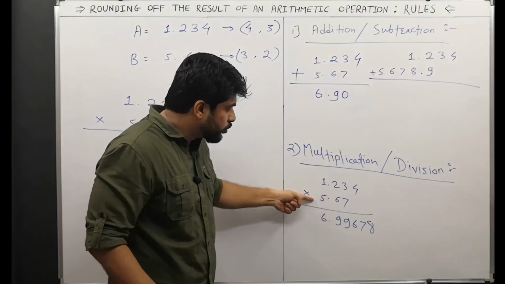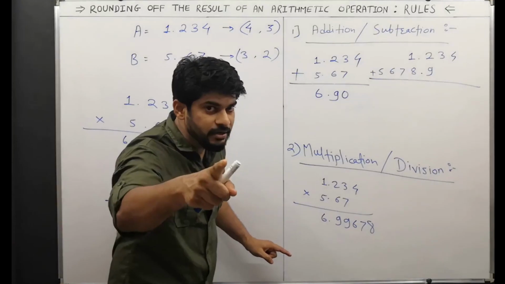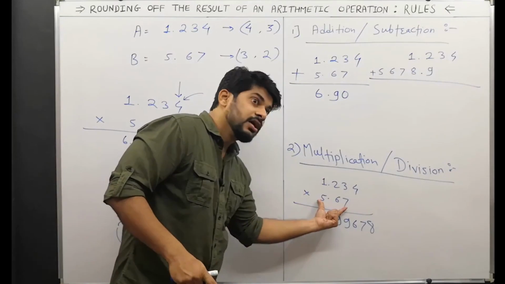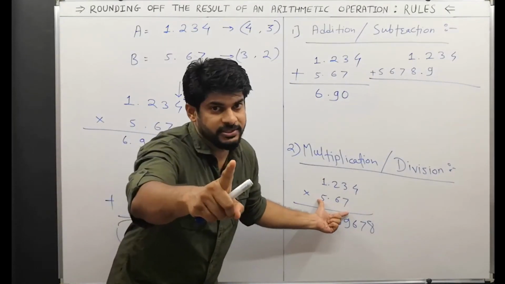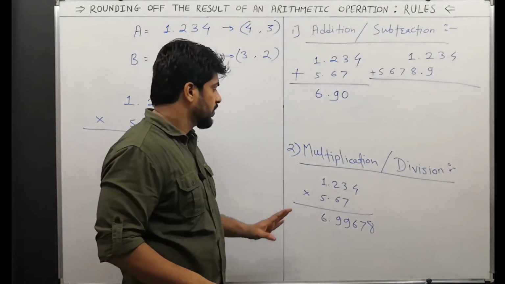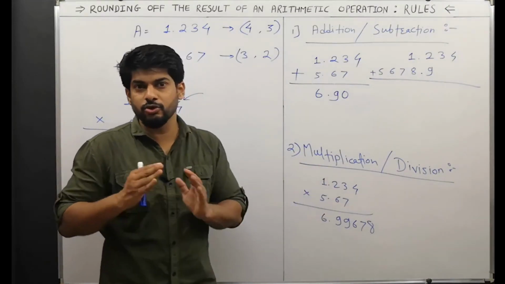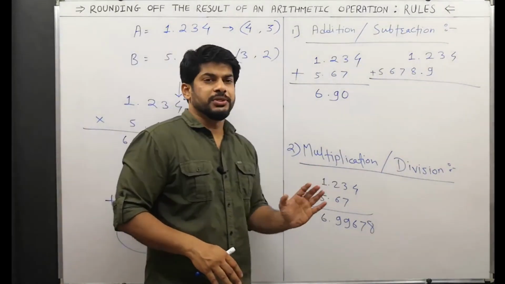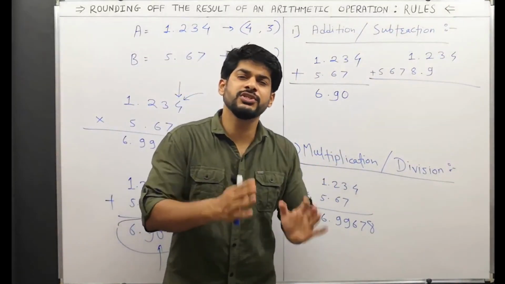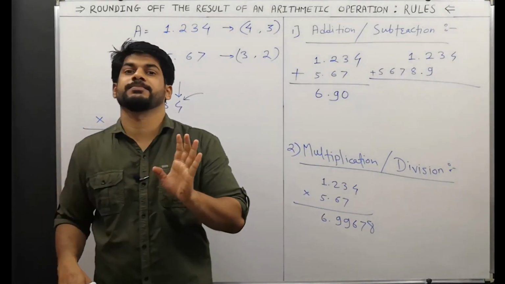Now see, you have two numbers. Out of these two numbers, just identify the number which has the least, that means the smallest, number of significant figures. Sometimes there will be more than two values, like you are multiplying a into b into c. In that case, out of all those values, check which has the least number of significant figures.